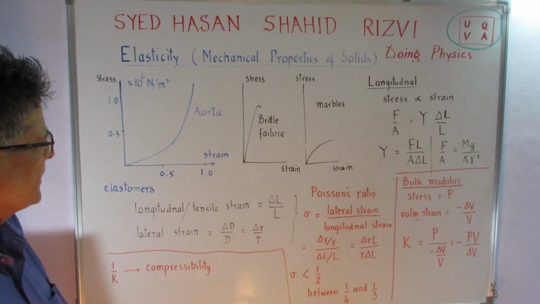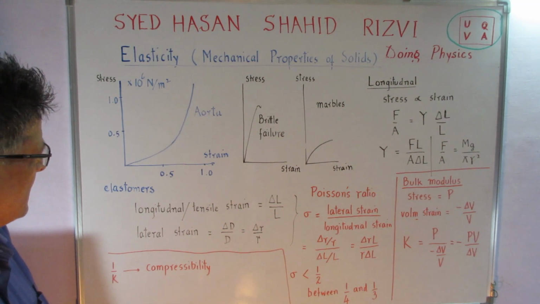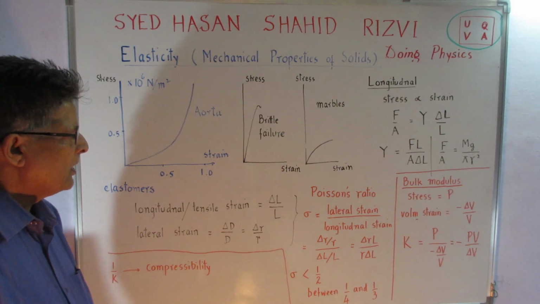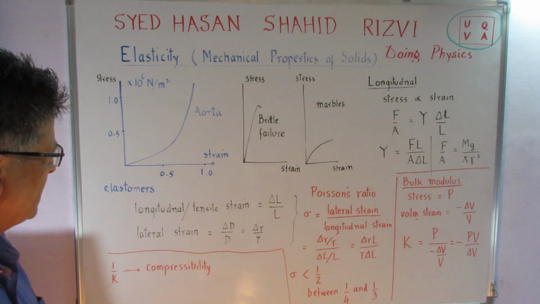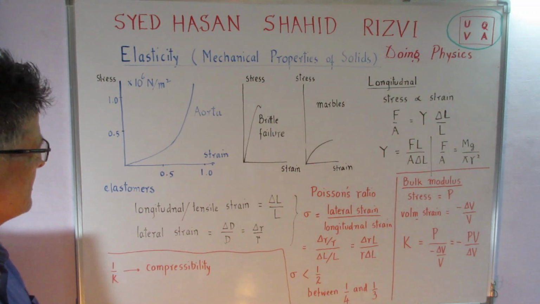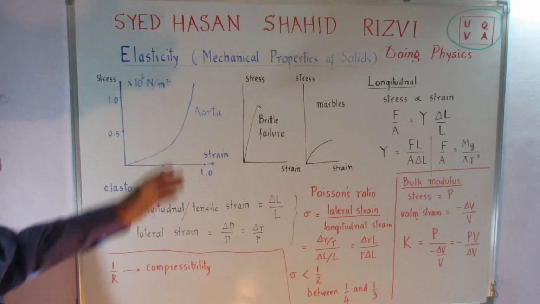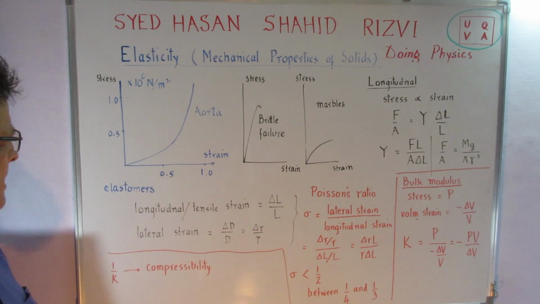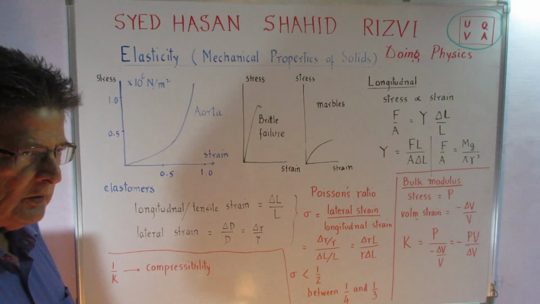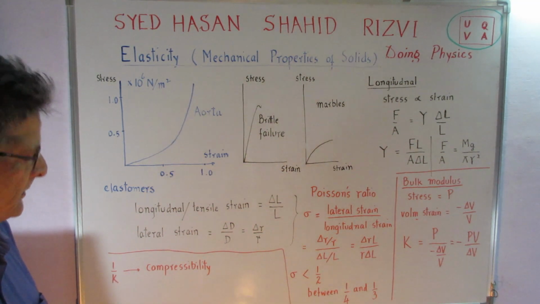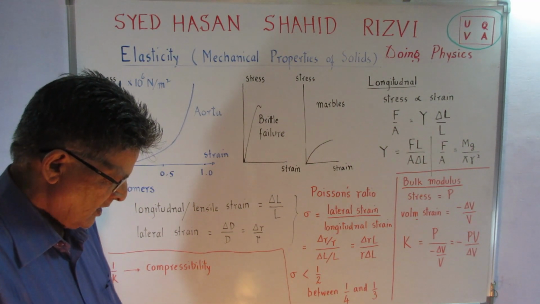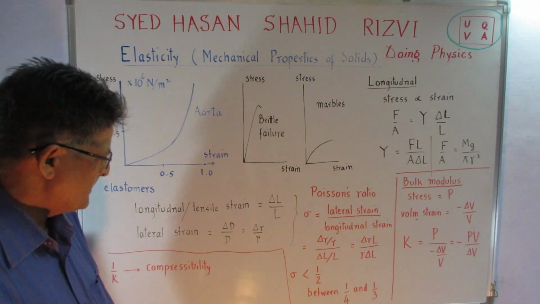Aorta is from the muscles around the heart, and you can see that the expansion is quite substantive over here, and you also know that the elasticity in the rubber is in fact very poor.